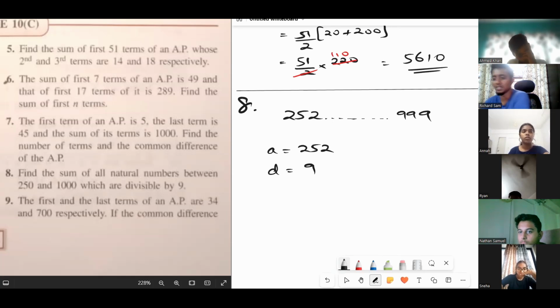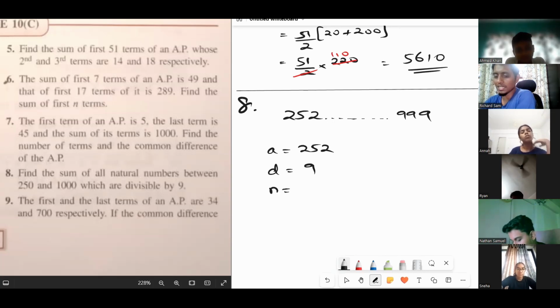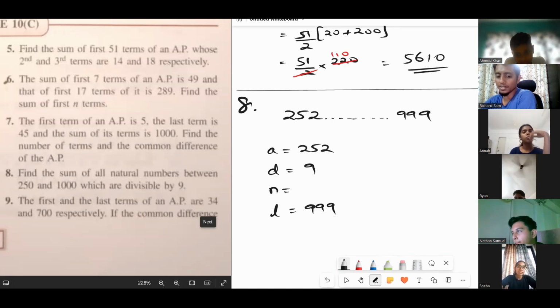So every number is 9 apart from each other. Now what we don't know is n. We don't know how many terms are in the AP. And for our formula, we need A, D, and N. But what we have is the last term, which is L. L is 999.